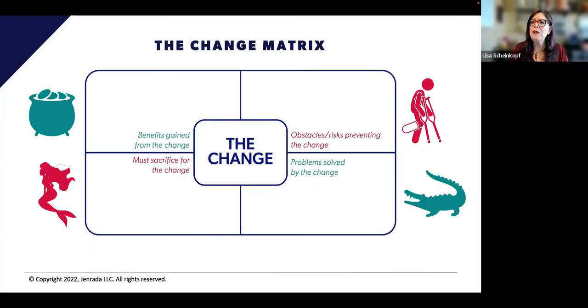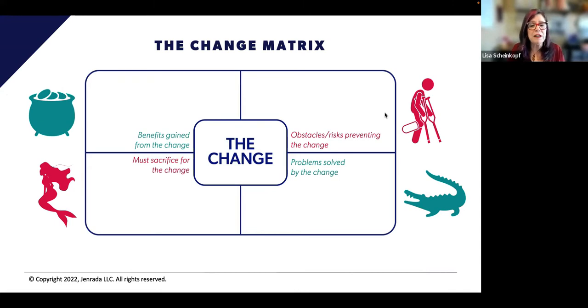And now you should be able to see my screen, which has a blank. I just want to show you right before we really get into it, because many of you have never seen one of these before. This is the construct of a change matrix. You think about what's the change or the decision that you want to make, and then you assess that.